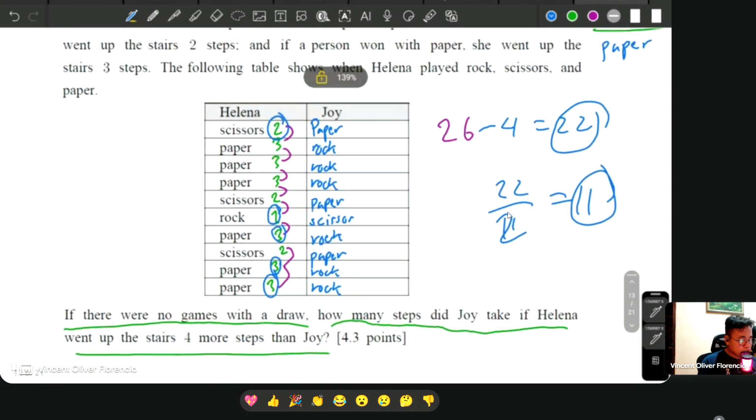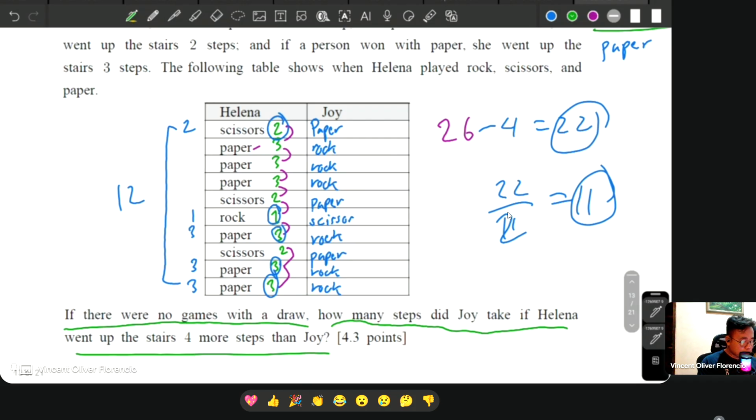How many points in total? We have 2, we have 1, 3, 3, and 3. In total, that should be what? Now, the rest, we will give to Joy. Let's see what's going to happen. So, if this is paper, how is Joy going to win?